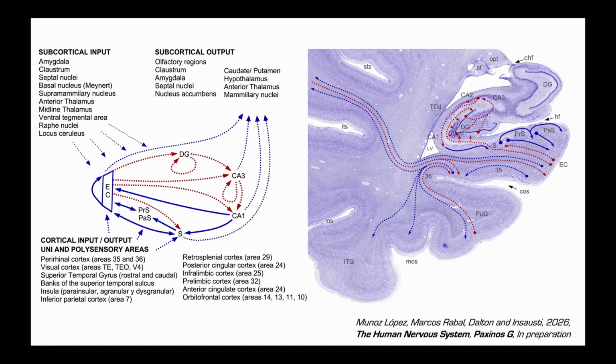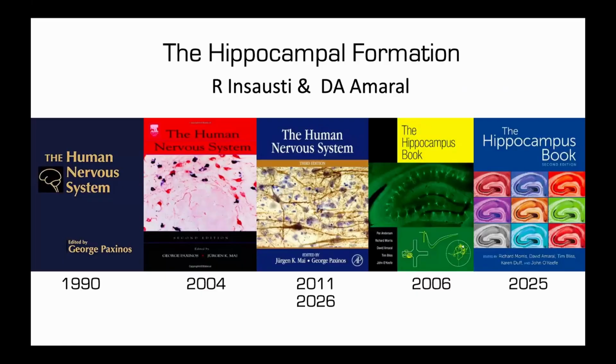And all these connections are described in detail in the Human Nervous System book by Paxinos. And we revised them for the new edition. So Ricardo has contributed to this very important textbook, The Human Nervous System by George Paxinos, since the beginnings of the first edition in 1990.